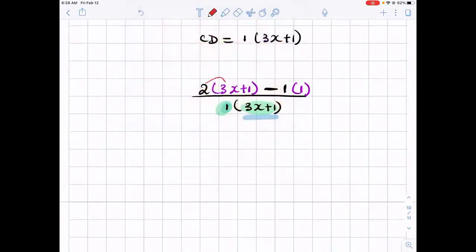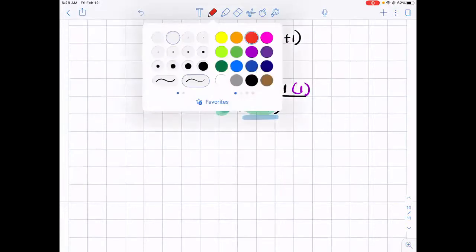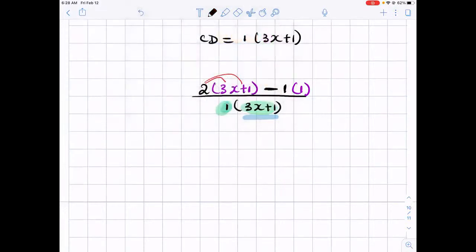Distributing here, so we have 2 times 3x is 6x, plus 2 times 1 is 2, and then minus 1 times 1 is just minus 1 over 1 times 3x plus 1.